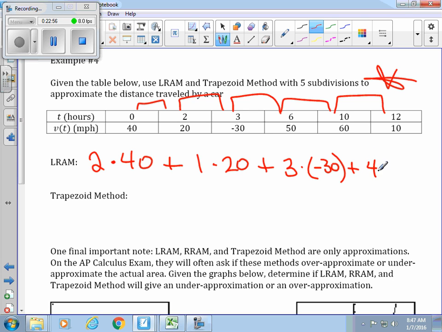Plus 4 times 50 plus 2 times 60. Notice I don't end up using the 10 because I'm doing a left-hand approximation. Someone with a calculator, well, 80 plus 20, 100. Minus 90 is 10. 330, is that what everyone got? Miles. Good, it would be in miles.